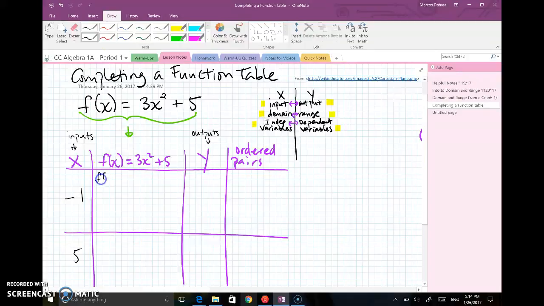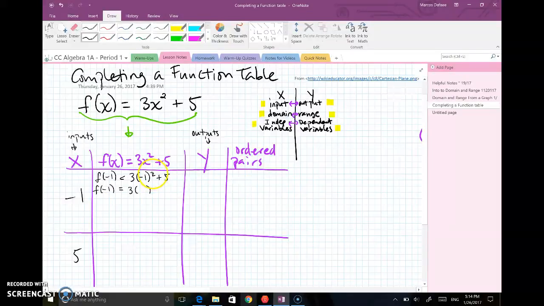And so this is what I get. I get f of -1. In other words, the function using an input of -1 will give me an expression also using that -1. And all I have to do is use my skills of the order of operations to break this down. So f of -1 is equal to 3 times -1 to the second power.